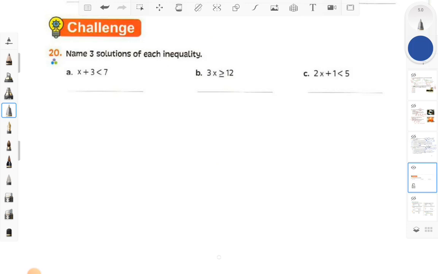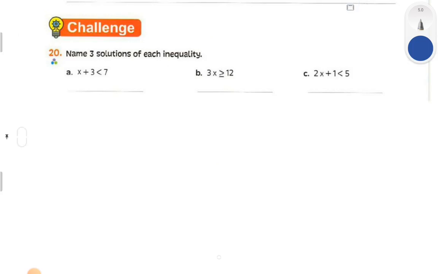Okay, now we have some challenges to solve. Name 3 solutions of each inequality. First inequality, note with me, we have x plus 3 less than 7. This form I used to solve in equations, right? But I can do the same.